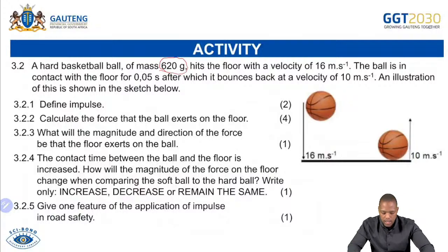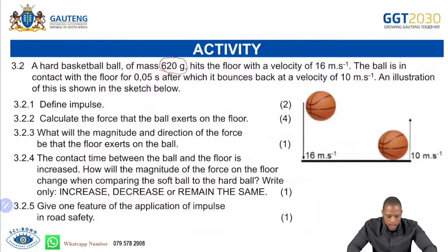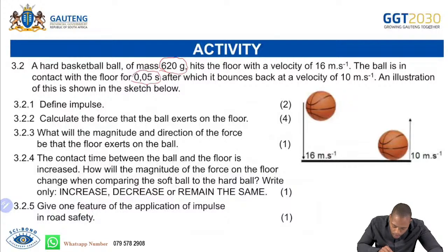This must be converted. It hits the floor with a velocity of 16 meters per second. The ball is in contact with the floor for 0.05 seconds, after which it bounces back at a velocity of 10 meters per second.